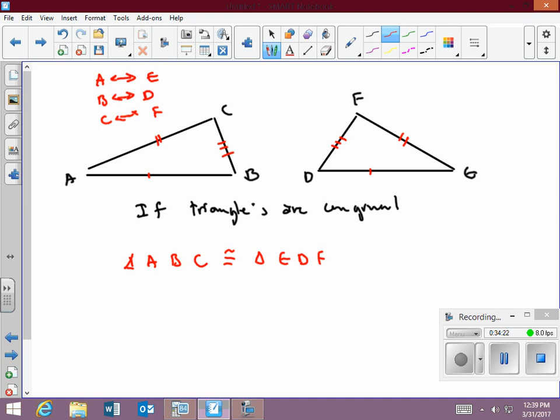A and E, see what I'm saying? This one corresponds to the first one, the B corresponds to the second letter, and this one corresponds to that one. So it's not right to just write the second triangle as D, F, E, because then you're not showing the correspondence. You understand what I'm saying? You want to write the corresponding vertices in order.